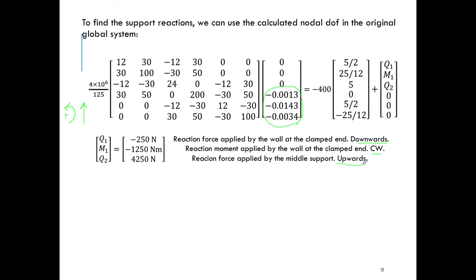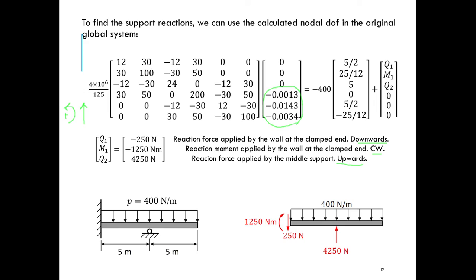Okay, so overall my problem I can write out just like so. If I'm just looking at the beam, these are my reaction force at node 2, and then my reaction force and reaction moment at node 1, drawn out in the correct physical orientations, right?